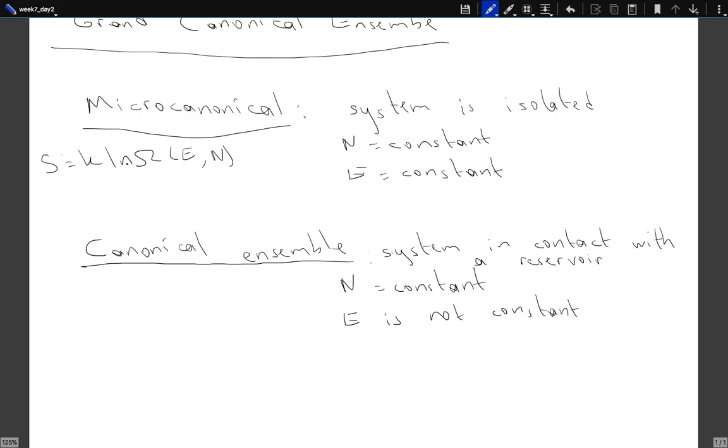Now in the canonical ensemble, for our system, we didn't assume that all states are equally probable, but the probability of the state R, probability for my system to be in a microstate R, was given by e to the power minus beta E_R, E_R being the energy of the microstate, divided by some normalization.